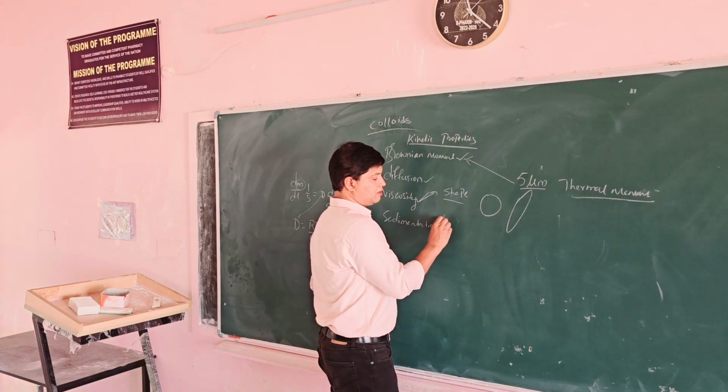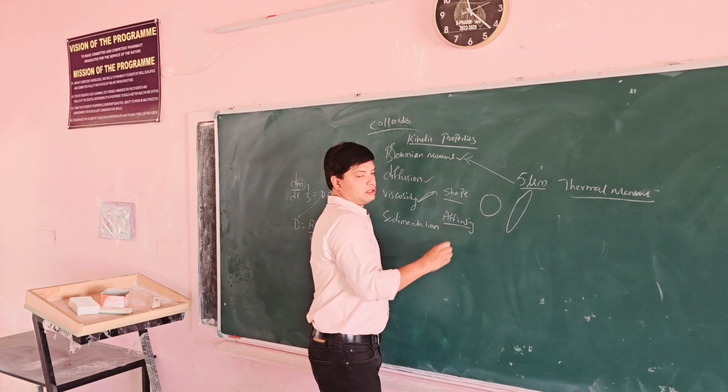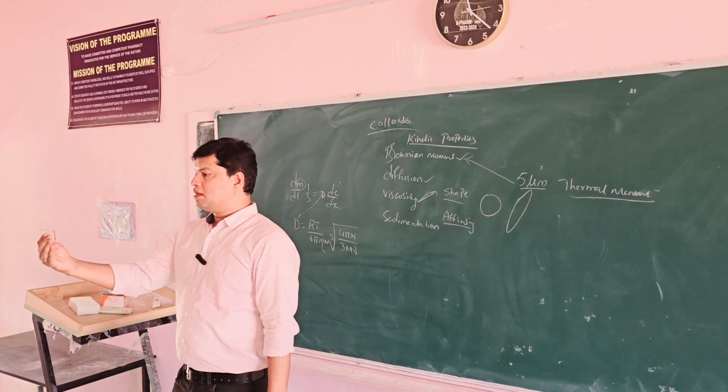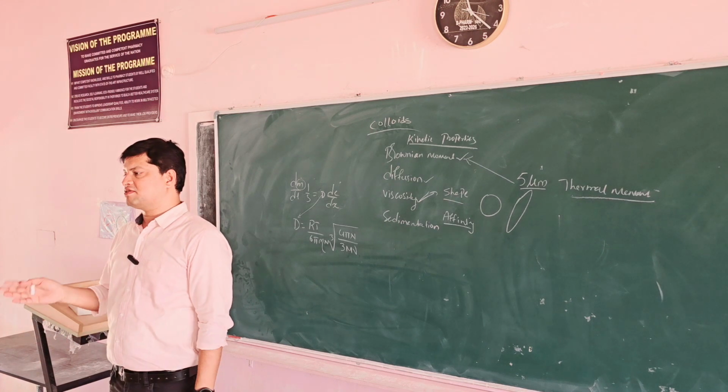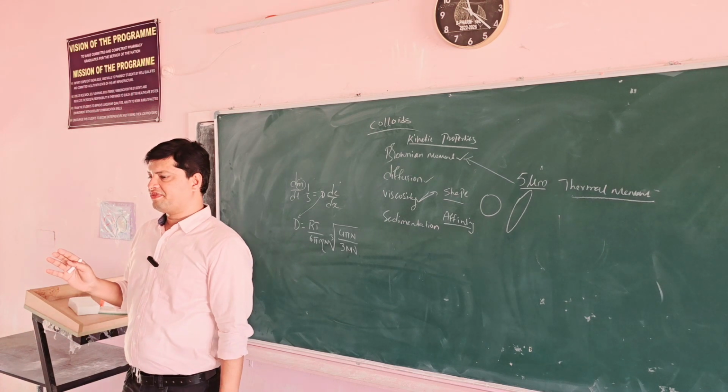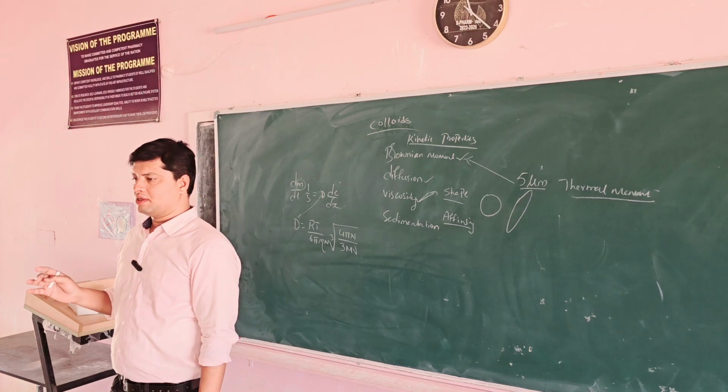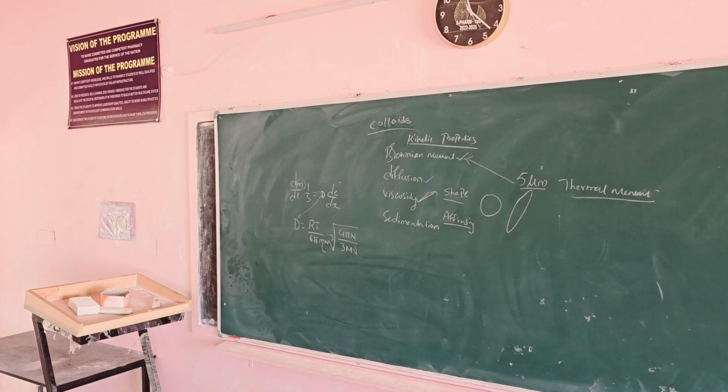Affinity of particles to the medium. Okay. I am loving water. Do I have more viscosity or less viscosity? Listen. I am loving water, which means I will hold water.